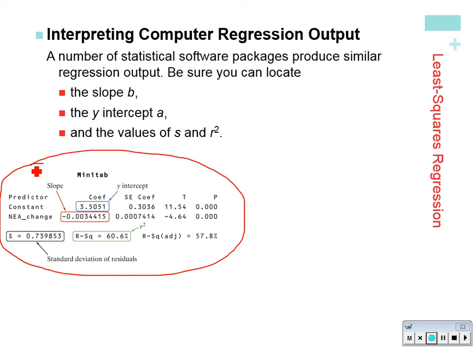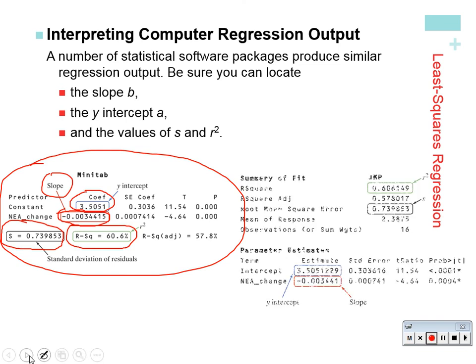So in this particular data set, you have the slope value here, and then you have the y-intercept for the least squares regression line, and that's this value here. Then you have the standard deviation of the residuals here, and you have the R squared value here.